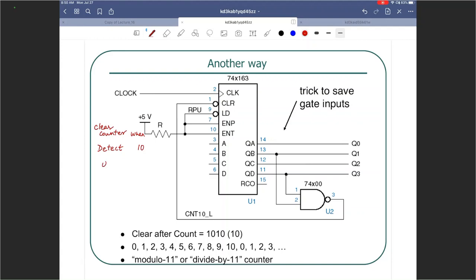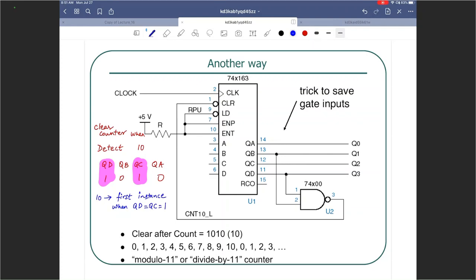Well, for 10, QD, QC, QB, QA. That is 1 0 1 0, right? And as you can see, QD is 1 and QB is 1. 10 is the first instance when QD equals QB equals 1.